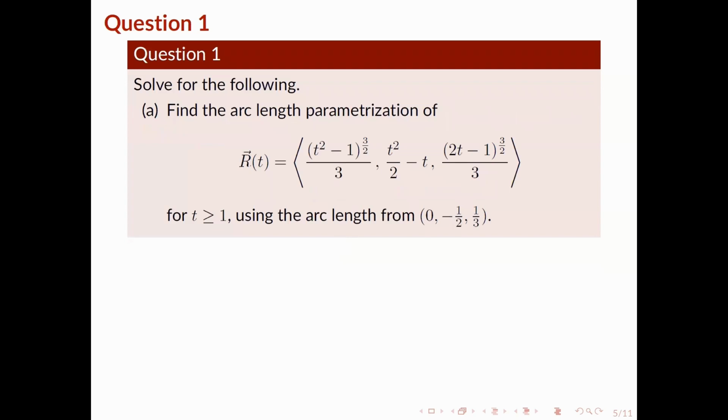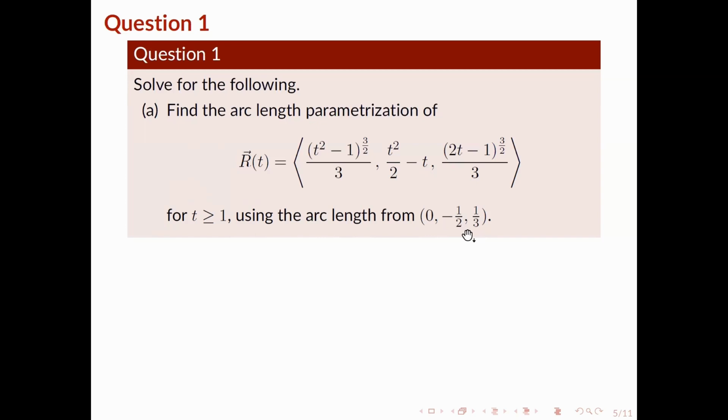Let's move on to some problems. So let's solve the following. Find the arc length parameterization of the vector-valued function R, which has these components, for t greater than or equal to 1, using the arc length from this initial point.